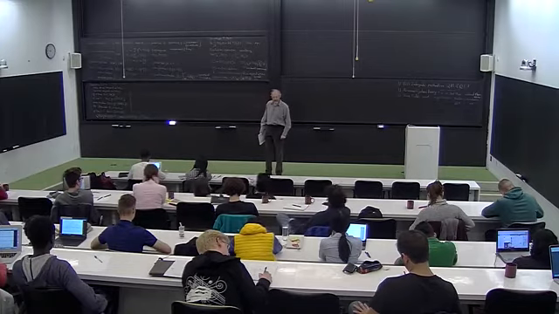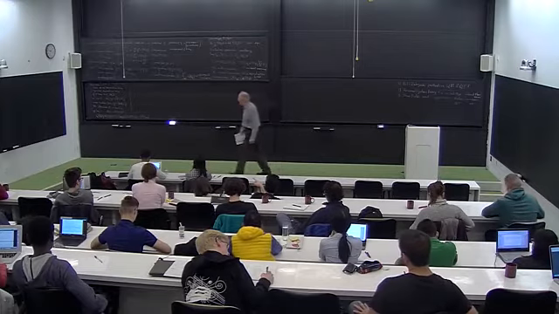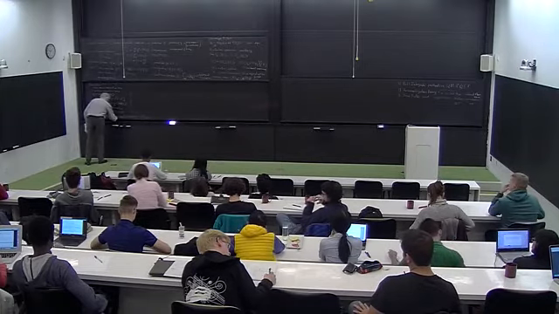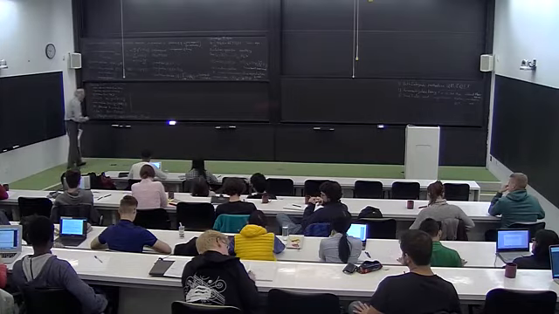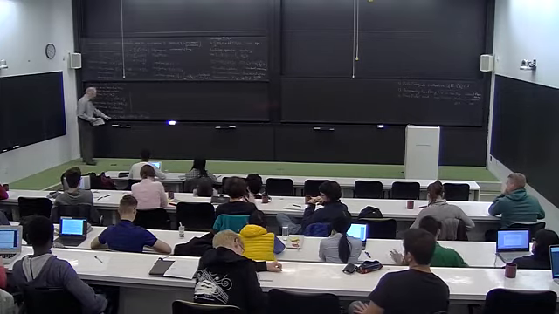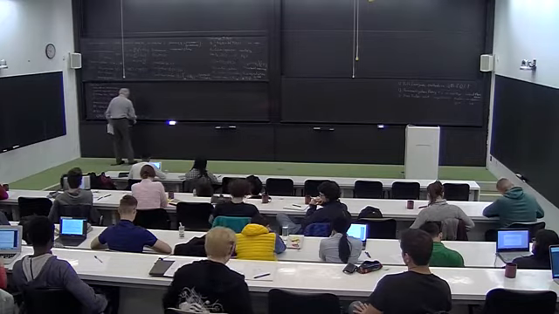And in the last line, the first term is Heisenberg or Schrödinger? This is Heisenberg. That means the state is not time dependent. No, this means that when you measure this, it is a number.